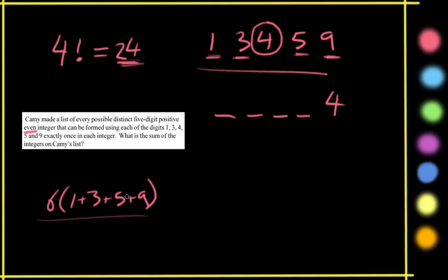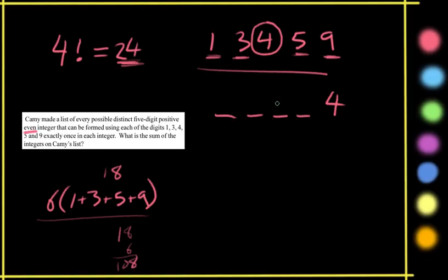Wait, hold on. Did I add that wrong? This is not right. This is 18. So 18 times 6 is going to be 108. Is that right? 18 times 6. Yeah, that's going to be 108. And so once I add those all up, there's going to be 108 tens.